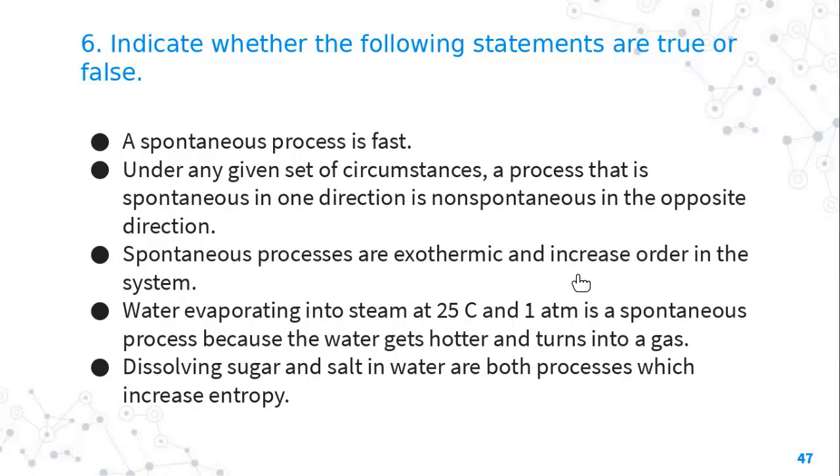However, they also decrease order in the system. So you want to have a decrease of order, typically, for spontaneous processes. So let's move on to the next one. Water evaporating into steam at 25 degrees Celsius in one atmosphere is a spontaneous process because the water gets hotter and turns into a gas.